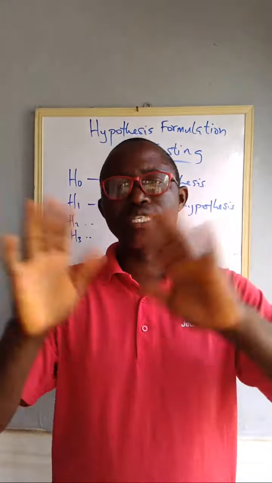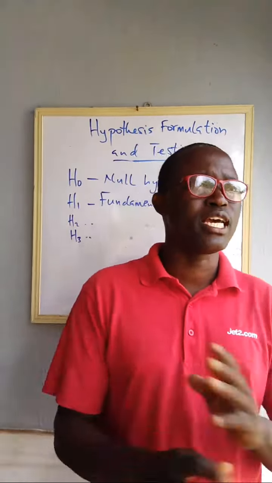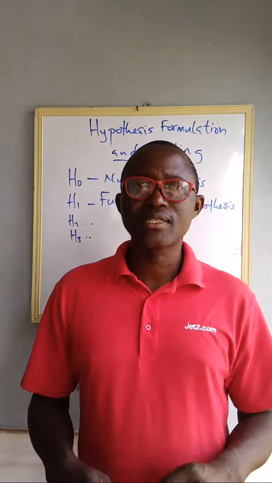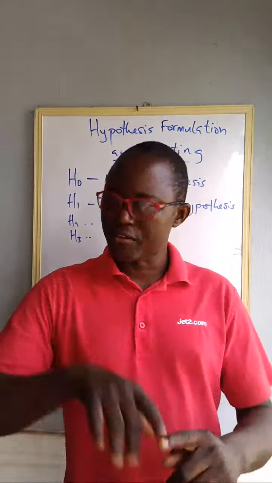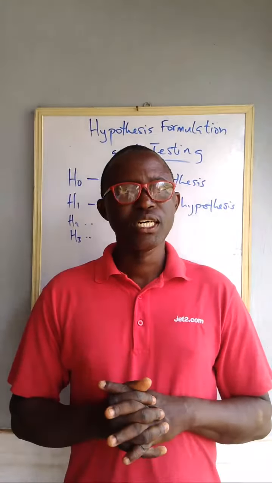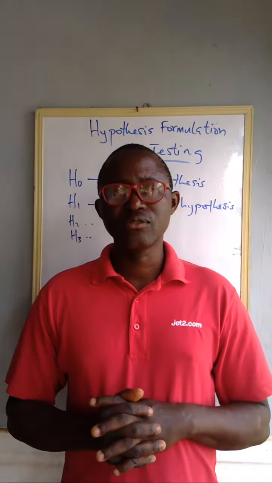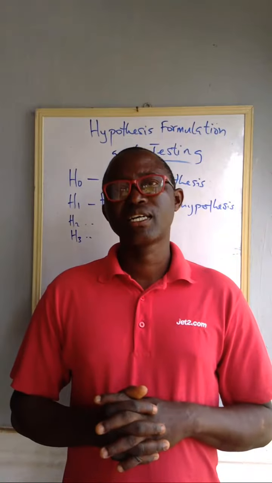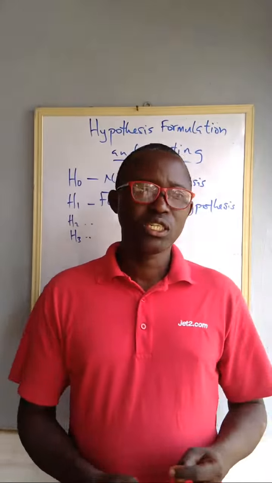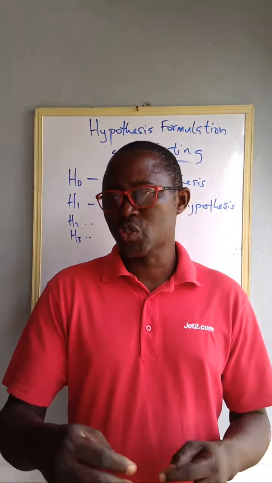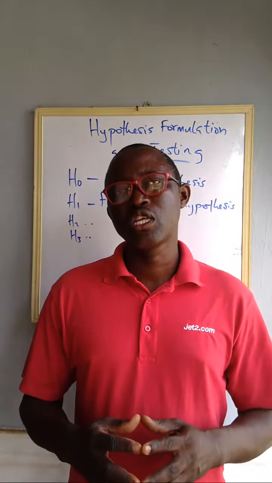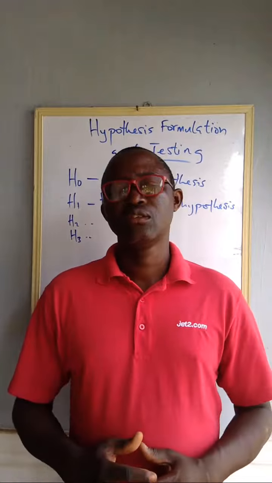Null hypothesis does not see any effect, any influence, any impact between one variable and the other. But alternative hypothesis says there must be an impact, that this variable is affecting the other. So for example, the example I gave just now regarding the economic background of students: students that have a certain amount of money, that background of a certain amount of money, they are performing poorly because they don't have money.